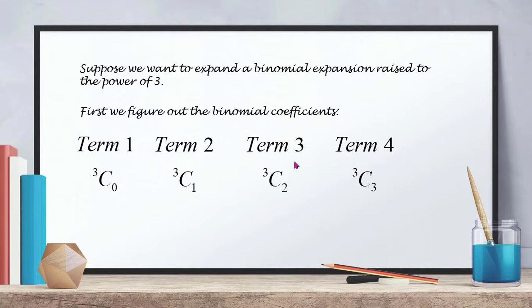In the previous lesson, we also learned how to use a calculator to evaluate combinations. So using a calculator, 3 combination 0 is equal to 1, 3 combination 1 gives us 3, 3 combination 2 is also equal to 3, and 3 combination 3 is equal to 1.